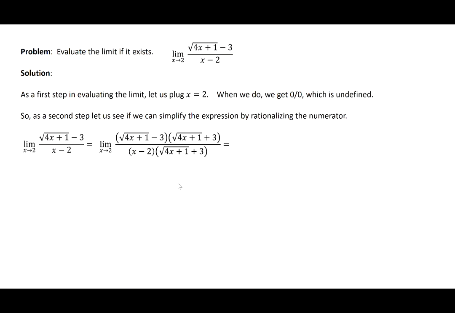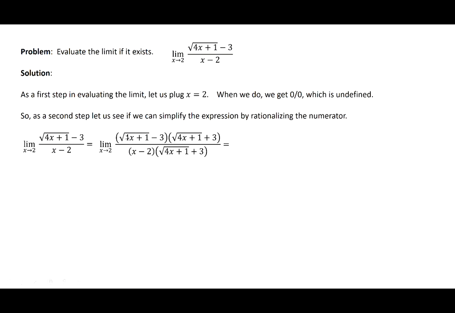Okay, what does it do? Does the top remind you of something? Square root of 4x plus 1 minus 3 times square root of 4x plus 1 plus 3. Does that look like a minus b times a plus b? Hey, that's the difference of squares.